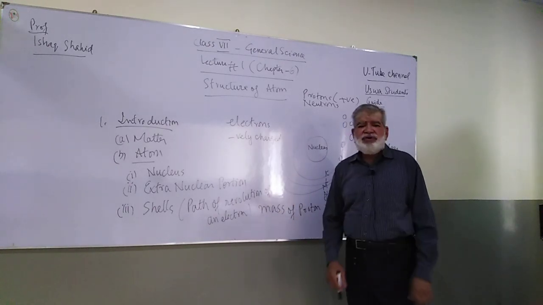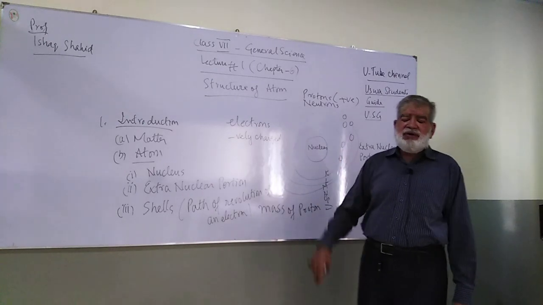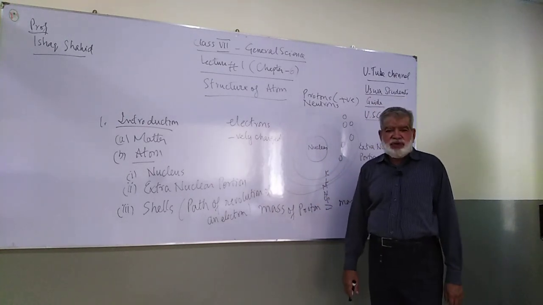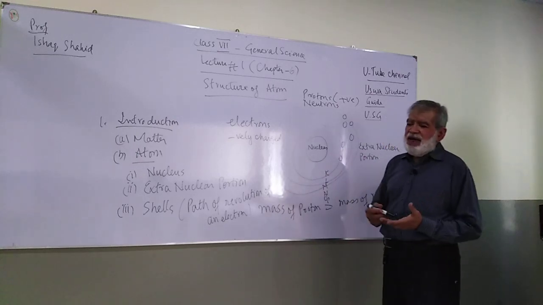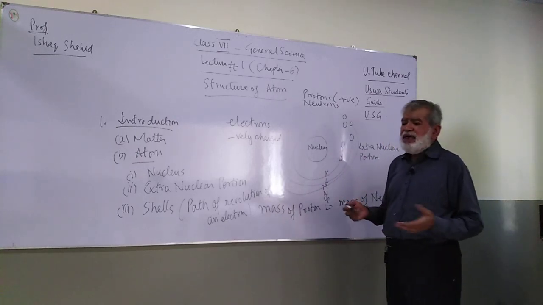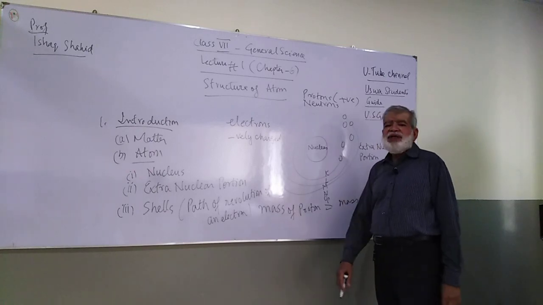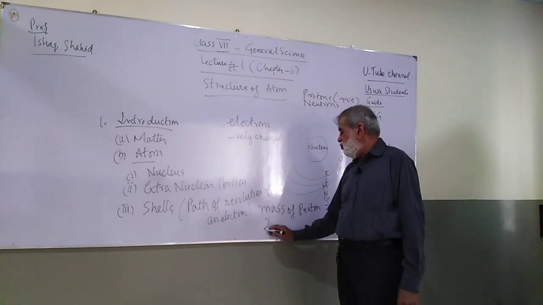The number of electrons in the K shell is 2. To find how many electrons there are in a certain shell, we have a very simple formula, 2n squared.